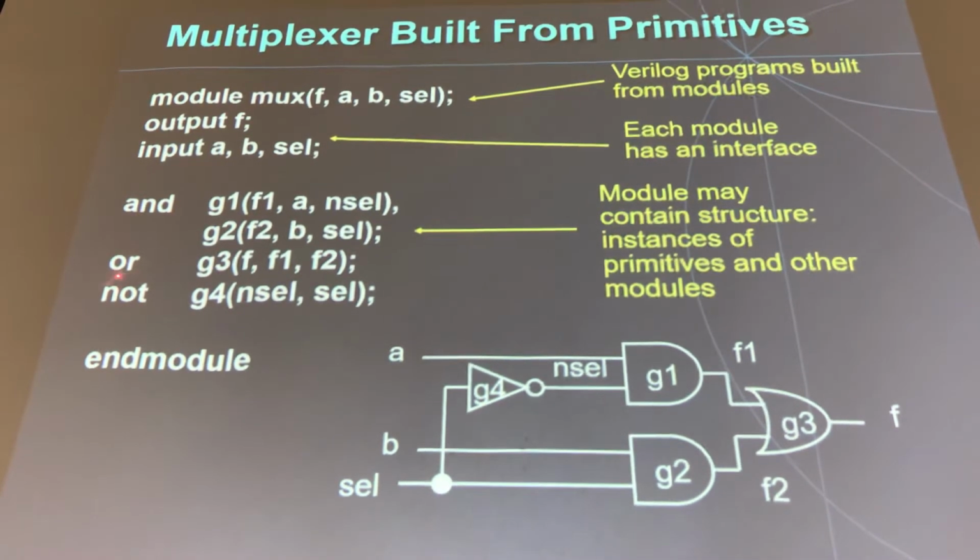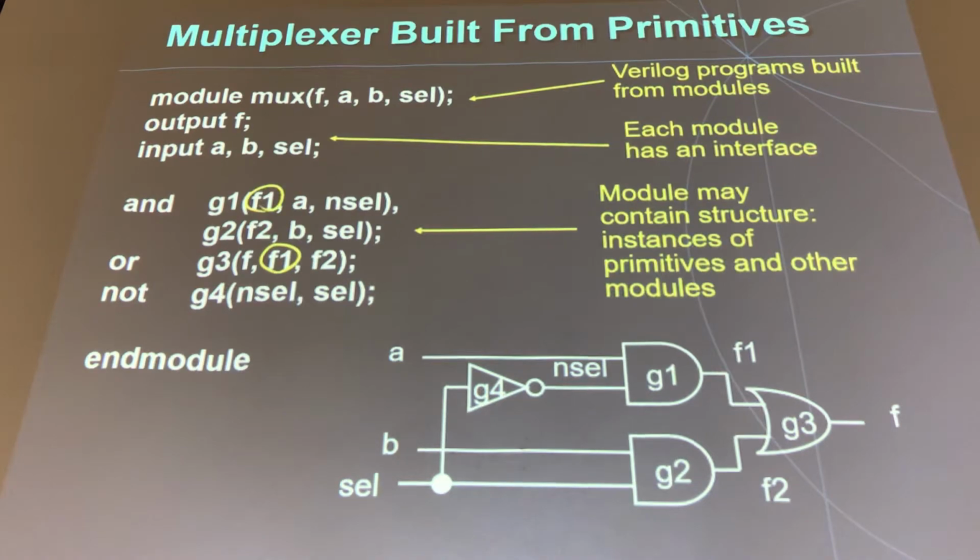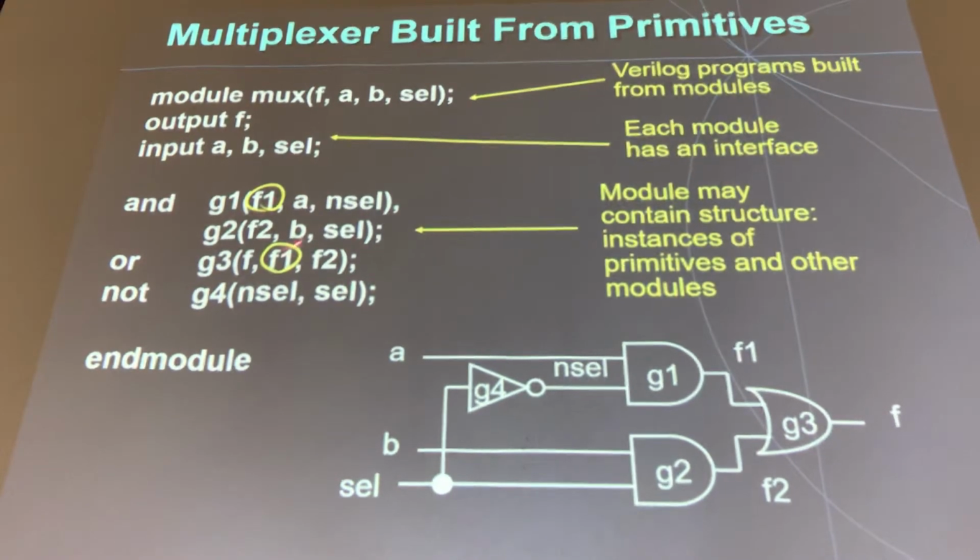OR gate, likewise. G3 is an OR gate with F as output, and F1 and F2 as inputs. So you know that this gate's input is connected to the output of G1, right? Because they share the same name. F1 is here, F1 is here. So you know that G1's output is G3's input.